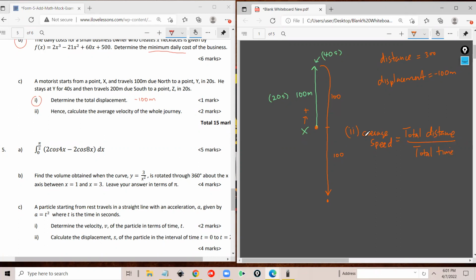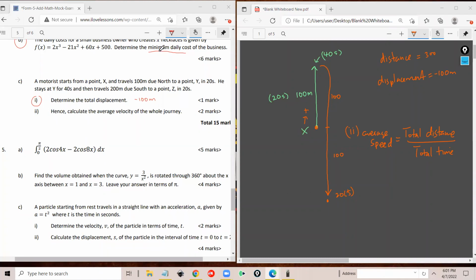So if they ask you for the average speed, by the way, how long does this thing take? 20 seconds to go back, right? So everybody agrees that the total time is how much? 20 plus 40, which is 60, plus 20, that's 80.